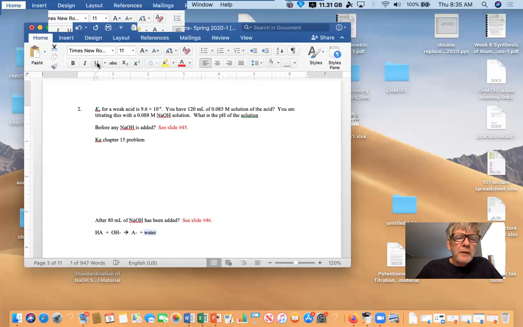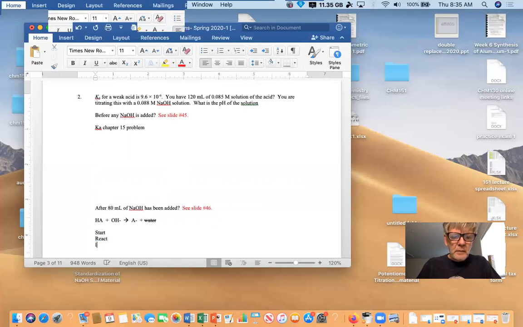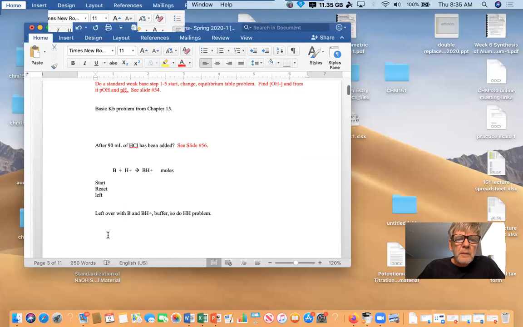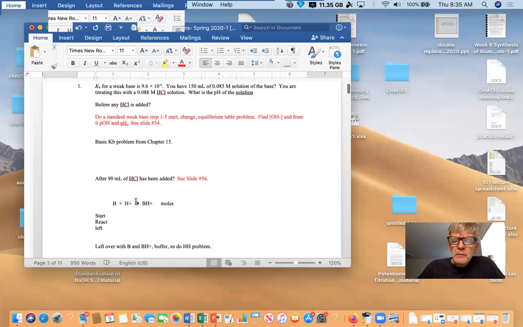So what I could do is I just put that X through there because we don't care about water. And then we do our start, react, left problem. And what you'll see is that this one here corresponds to the second one up here.